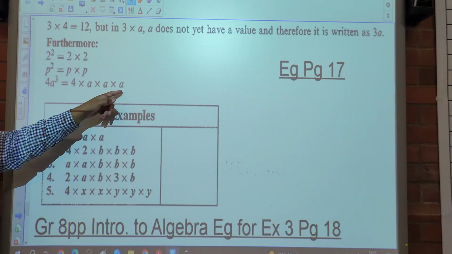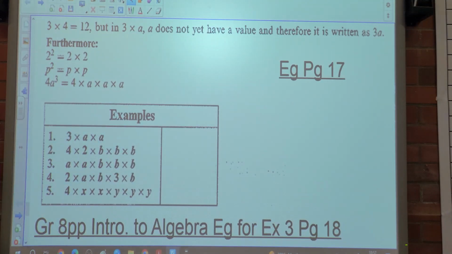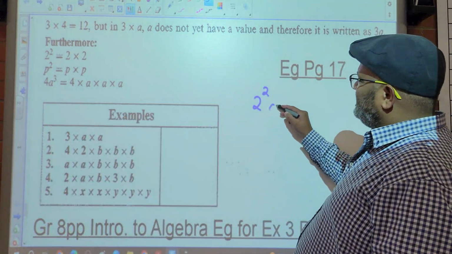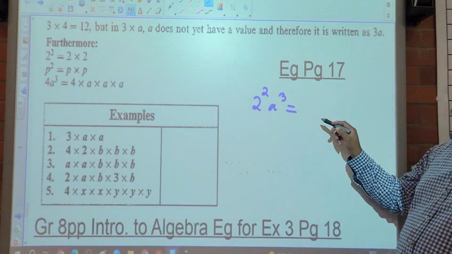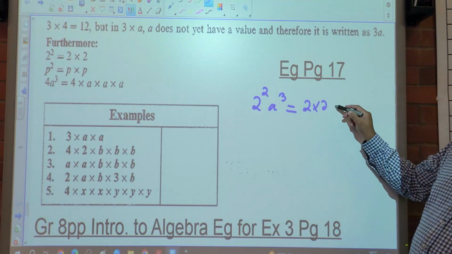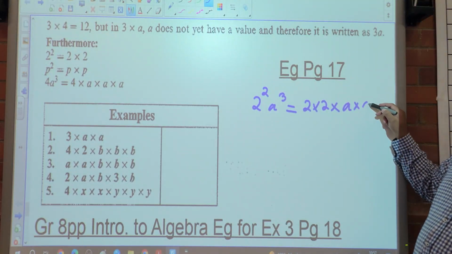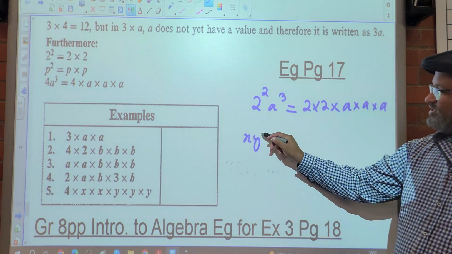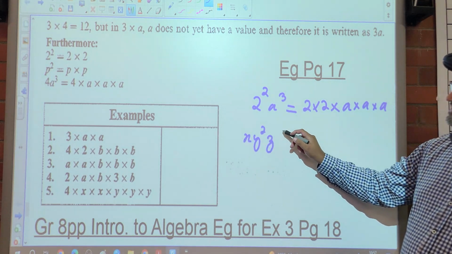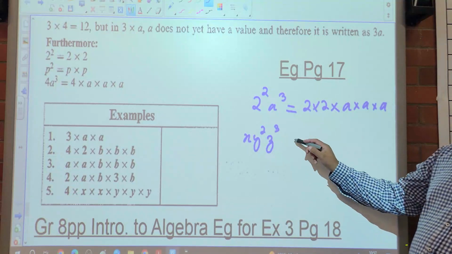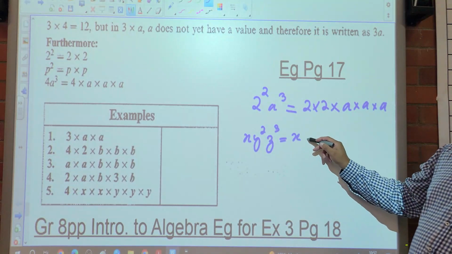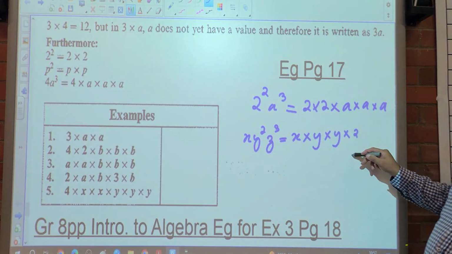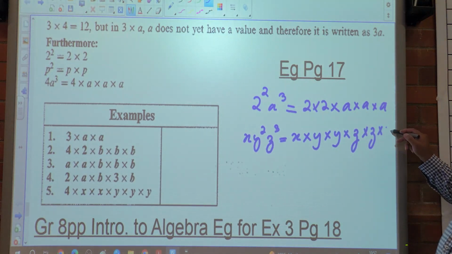So, for argument's sake, if you have 2 squared a cubed, what would that be? 2 times 2 times a times a times a. What would x, y squared, z cubed be? That would be x times y times y times z times z times z.